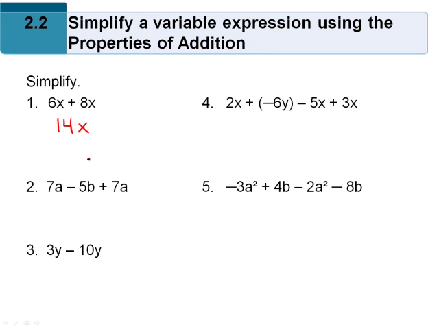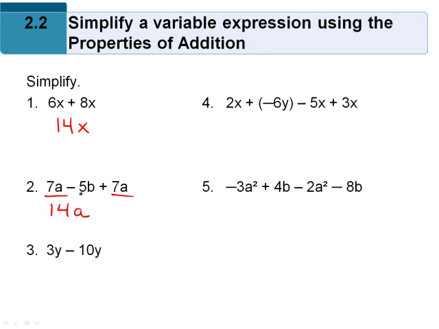Now, number 2, we have 7a minus 5b plus 7a. You have two terms that have a's in them, okay? So you're going to add those. 7a plus 7a, so you keep that sign with the second 7, okay? Plus 7a would be 14a.